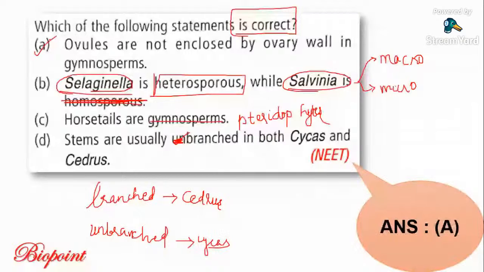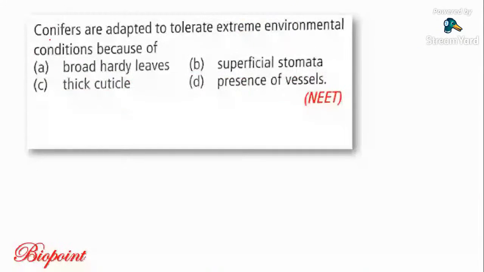Next question. Question number 9 on your screens. Conifers are adapted to tolerate extreme environmental conditions because of broad hardy leaves, superficial stems, thick cuticle, presence of vessels.